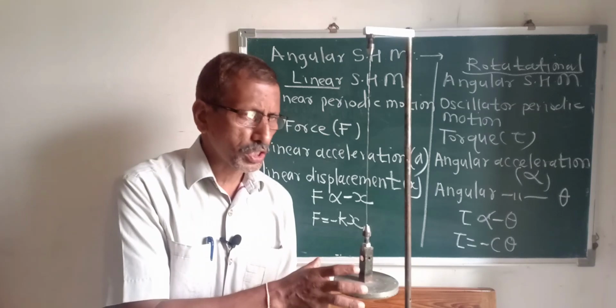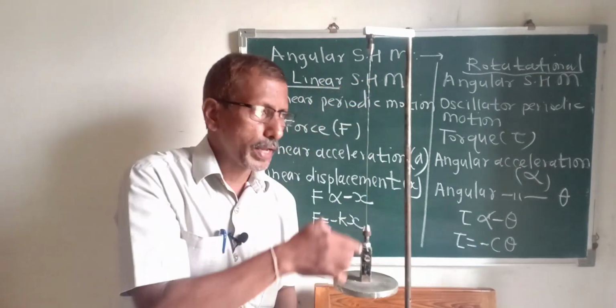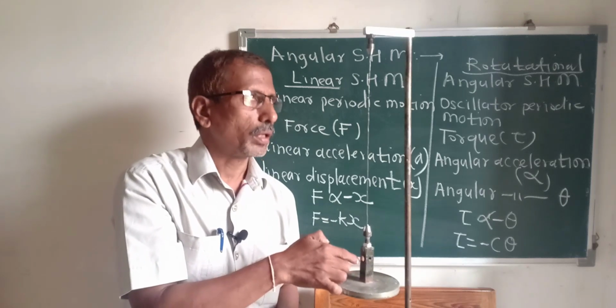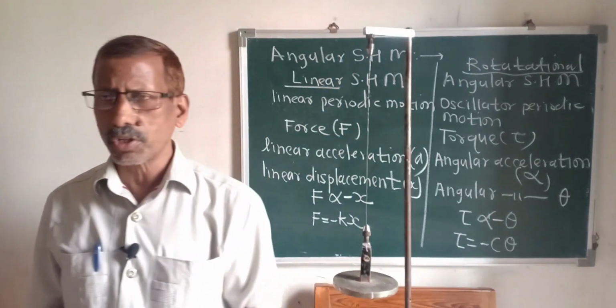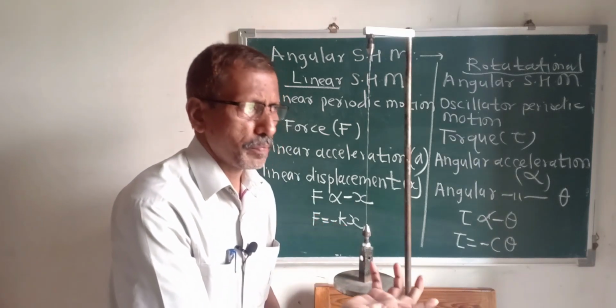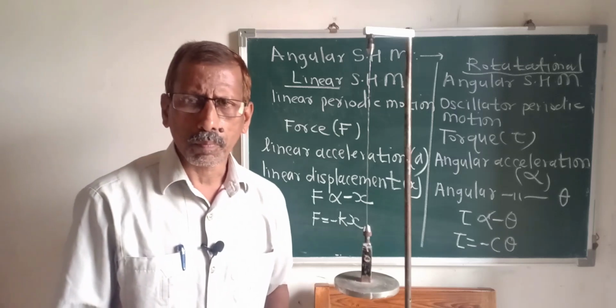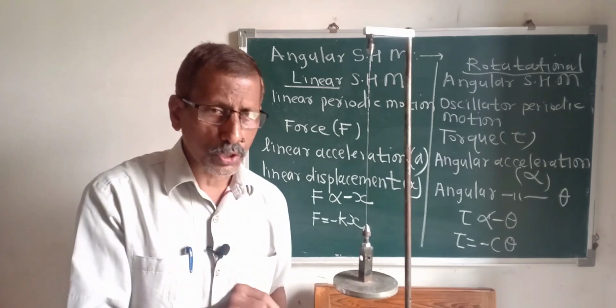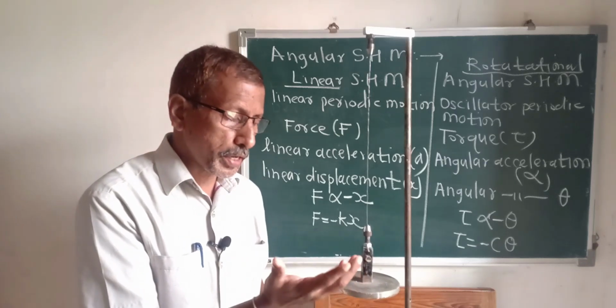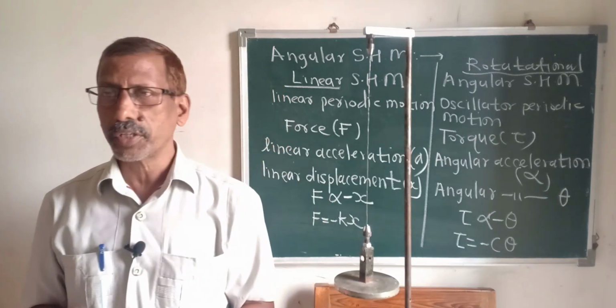A metallic disc is centrally attached by a wire which is suspended from a rigid support. When this disc is twisted and released, it performs rotational motion, partly in the anti-clockwise sense and partly in the clockwise sense.